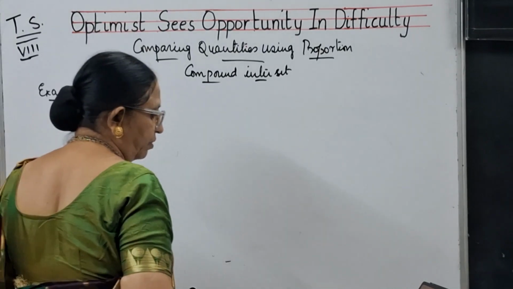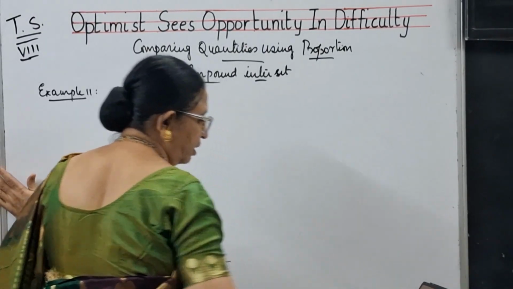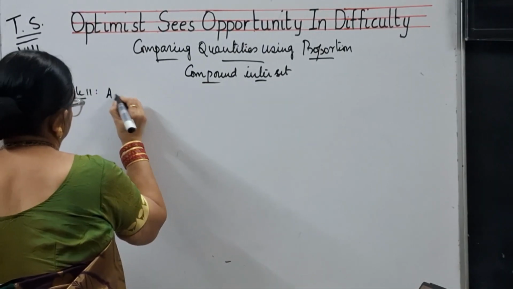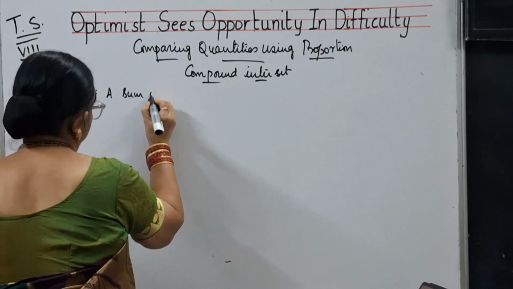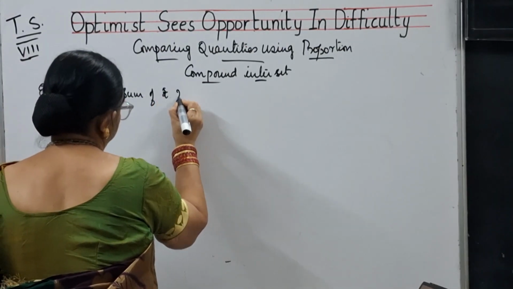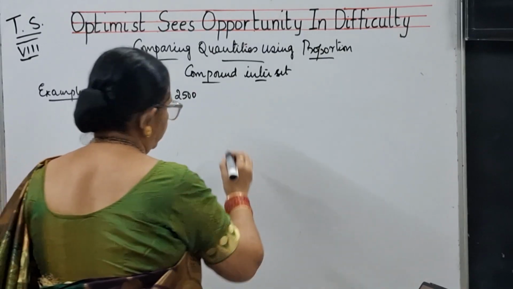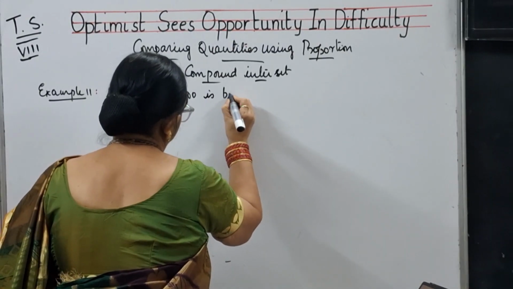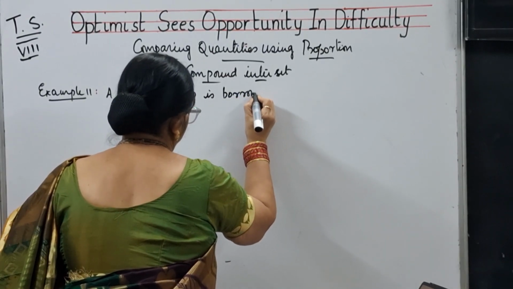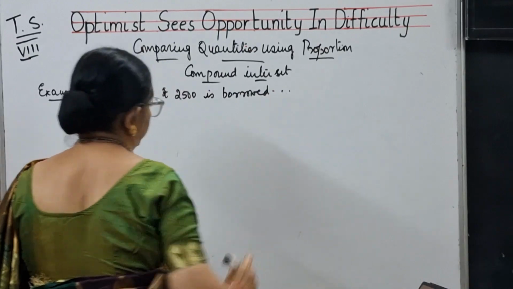This example 11 is dealing with a sum of rupees 2500 that is borrowed. Let me read the sum.